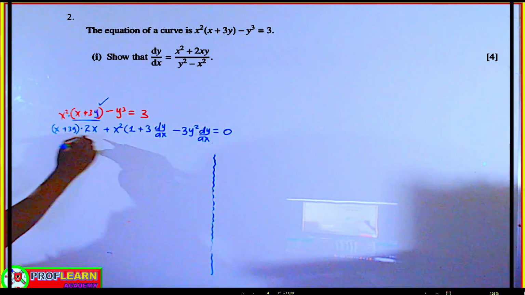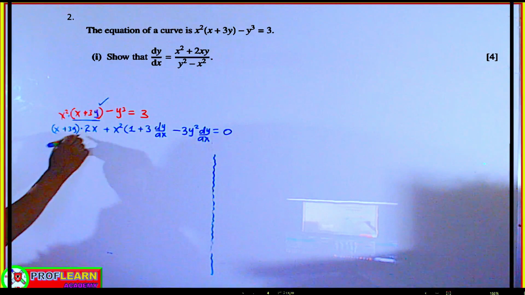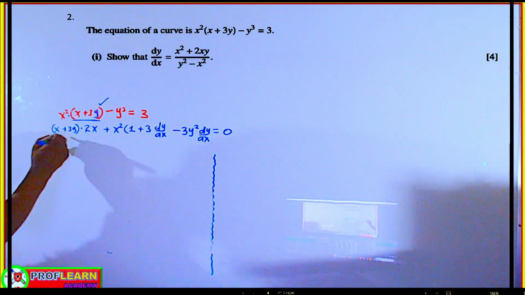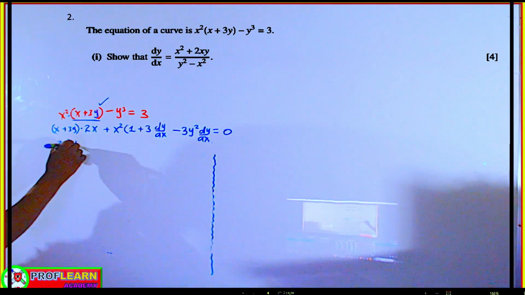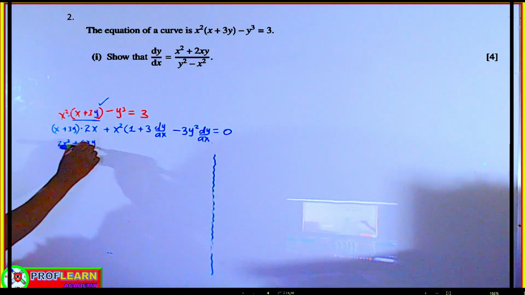I can open the brackets and say this is going to be 2x squared plus 6xy.